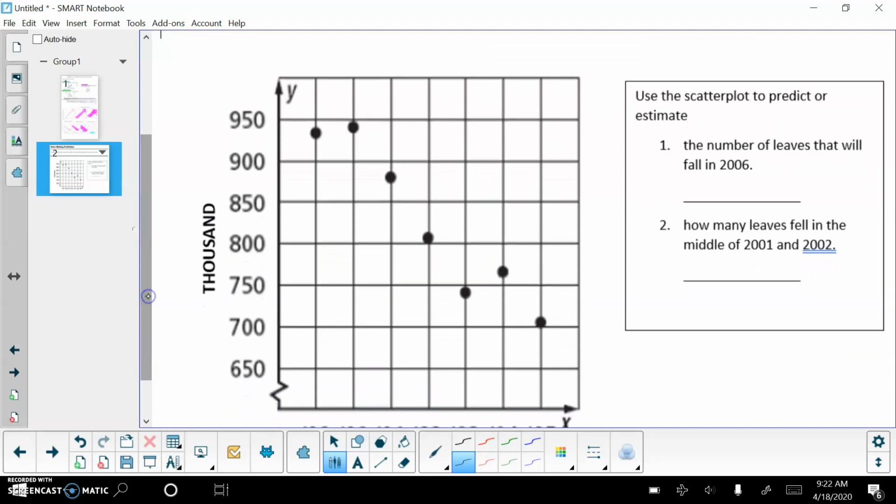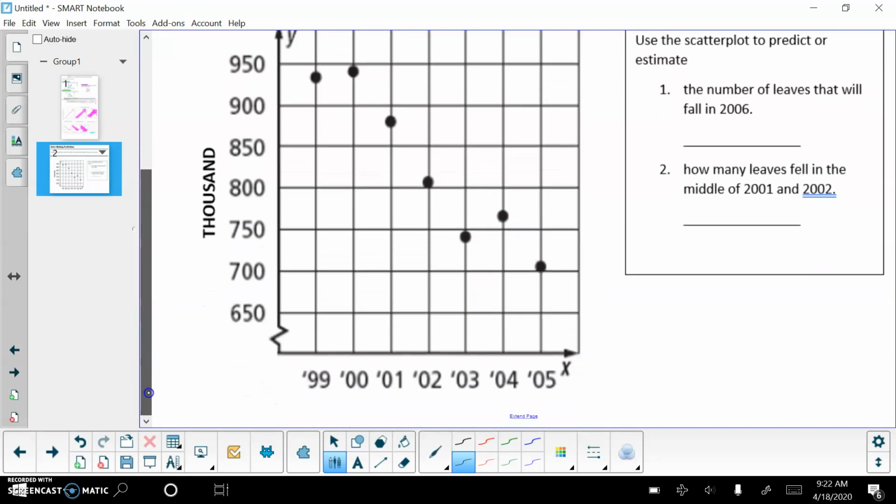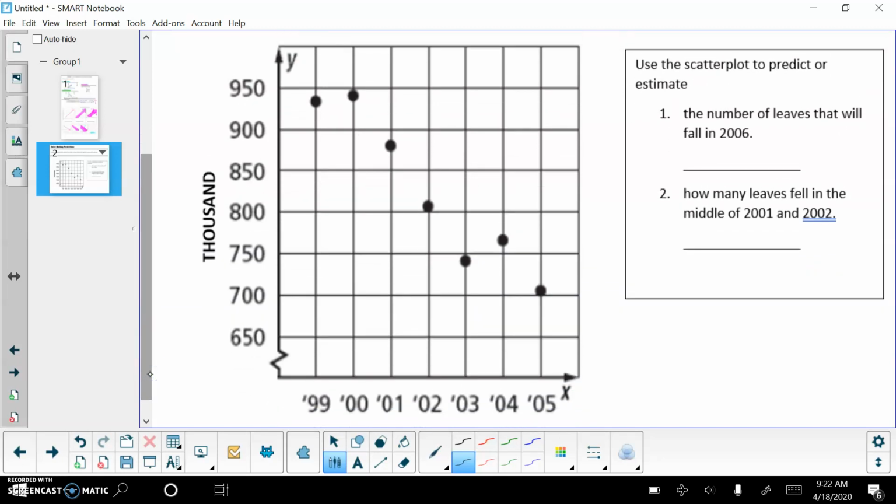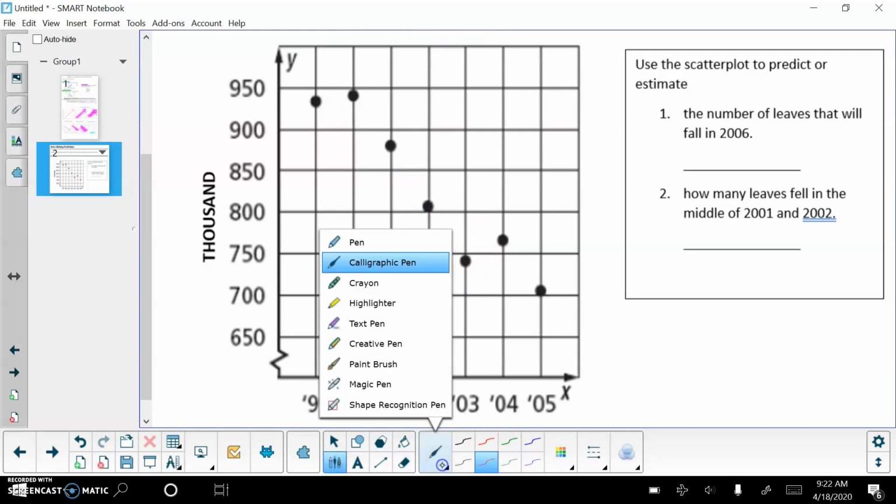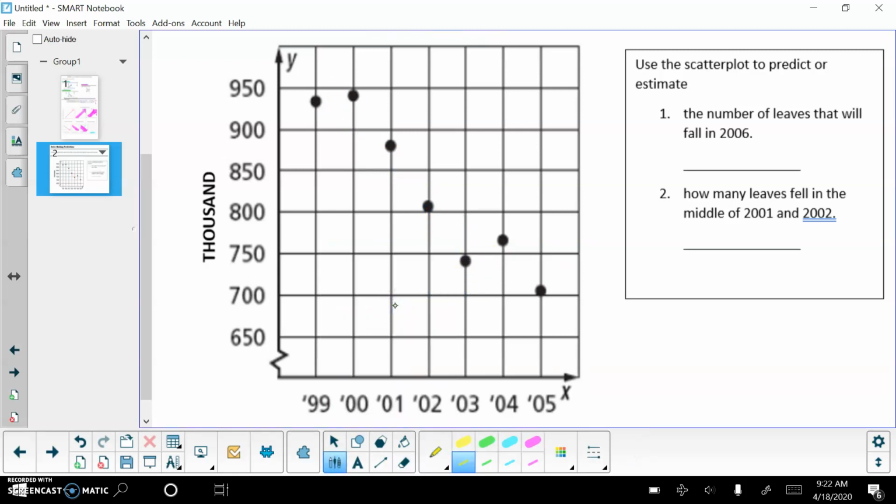Here's the graph. And the first thing that I notice is that the dots are definitely going in a downward direction, like that, which means that this is a negative correlation because the dots are definitely going down. I'm going to erase that because I actually want to highlight them a little bit more.